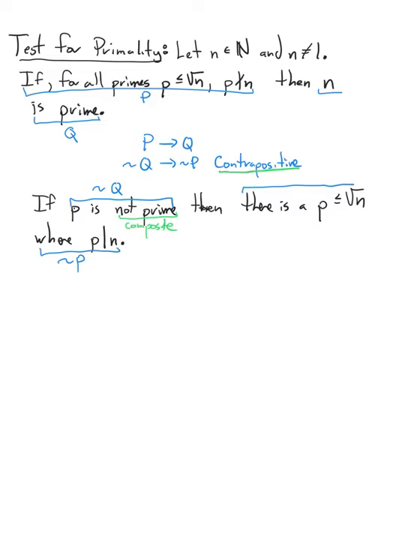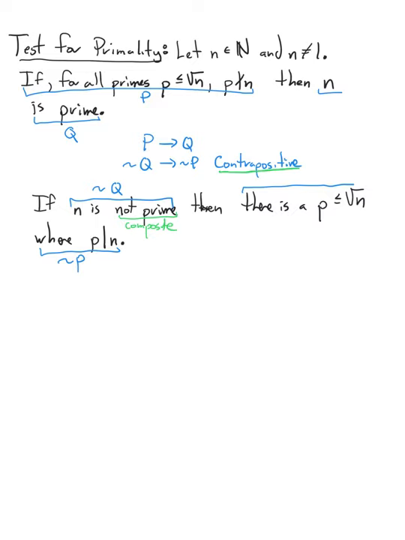So it's just written in a different form. So let's do it. So here it is. We're going to flip and reverse each part. So the negation of q, so q is n is prime, so the negation is n is not prime. Oh, sorry, I wrote down a p here. It should be an n. Let me erase this and write n.